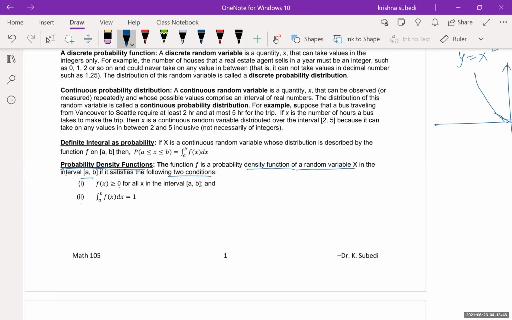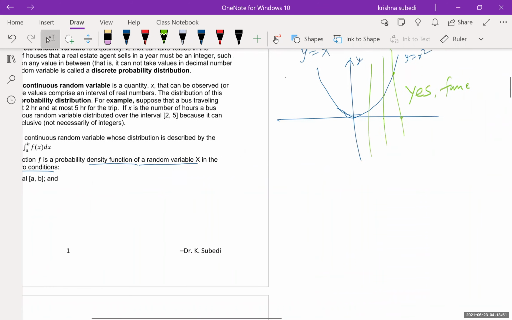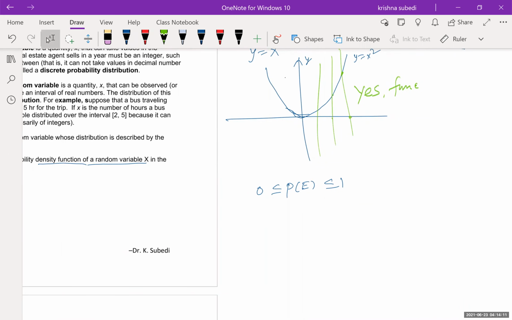Now, let me ask you one question. In your high school, you know that the probability always lies between 0 and 1, right? So the probability cannot be negative. It cannot be more than 1. And what surprises me is that sometimes when I give questions related to probability in the exam, people get the answer, let's say, 1.2.